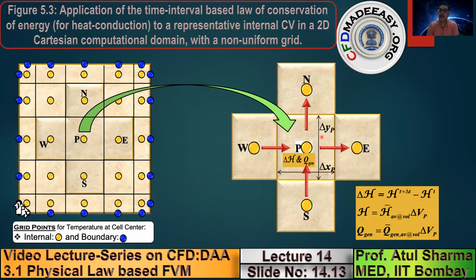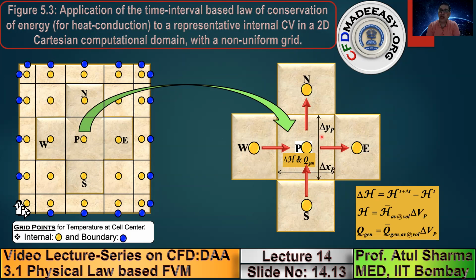So here for heat conduction, I'll highlight three terms: enthalpy, heat generation, and the conduction heat transfer rate. Now these three terms I have mentioned earlier. There are two terms which depend on volume. Like enthalpy consists of mass. Mass depends on volume. So enthalpy depends on volume, so it's a volumetric term.